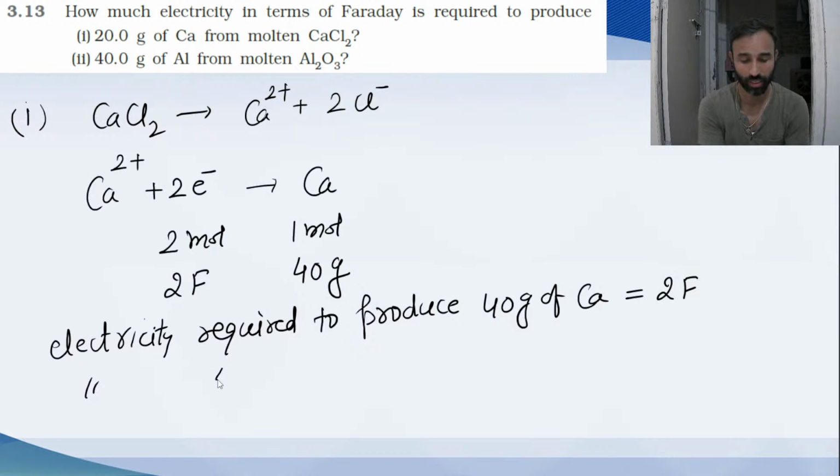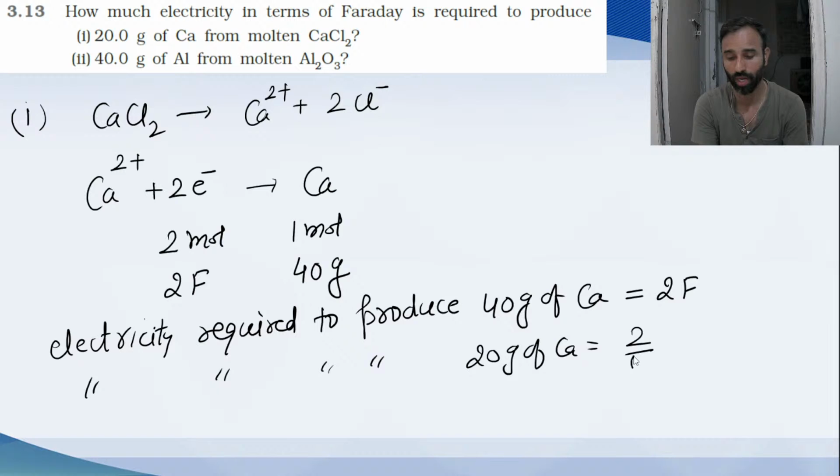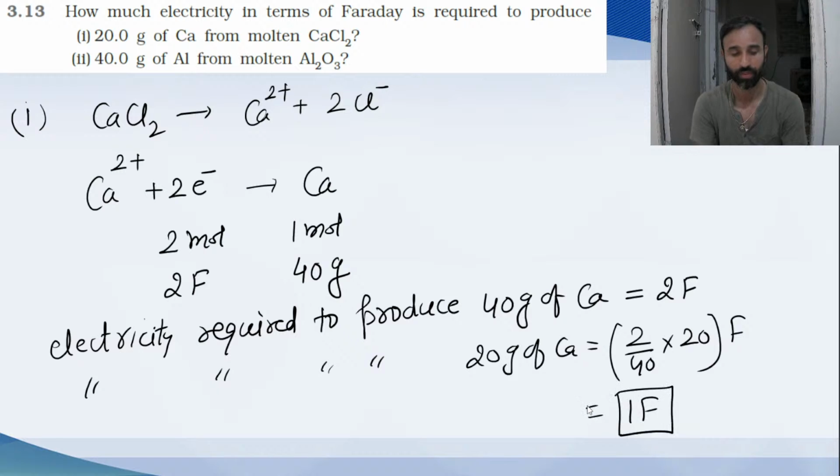So electricity required to produce 20 gram of calcium is equal to 2 by 40 into 20 Faraday. That is 1 Faraday. This is the answer of question 13 part 1 of the NCERT exercise question of electrochemistry.